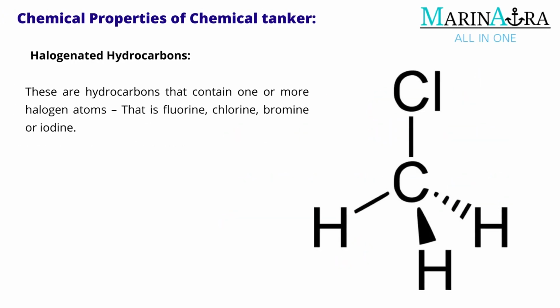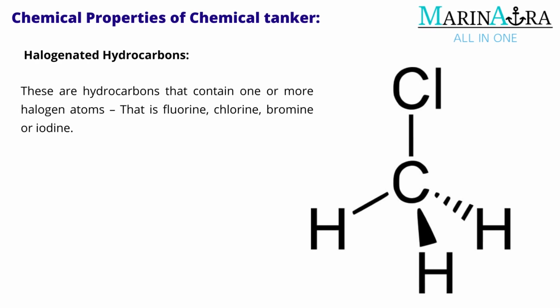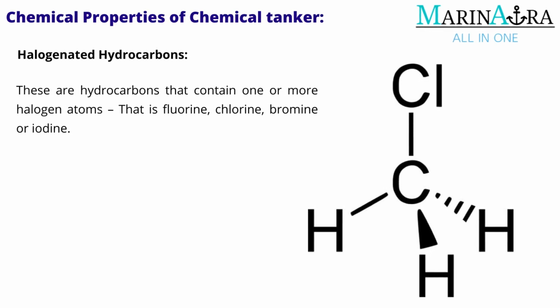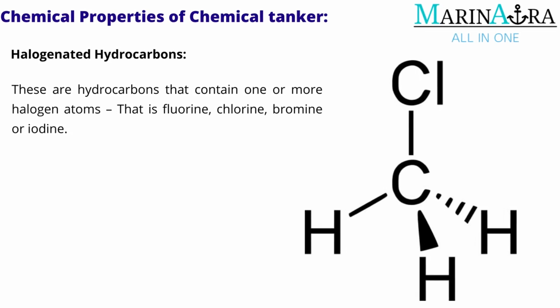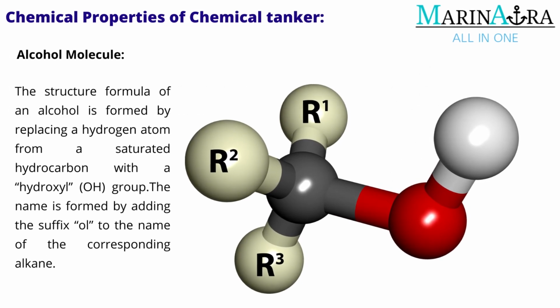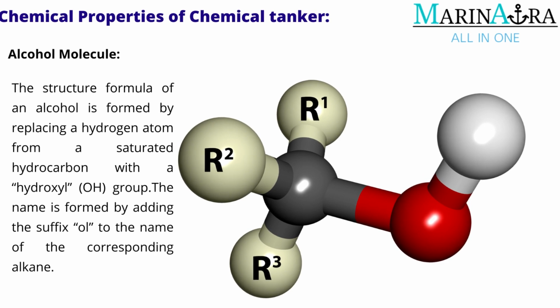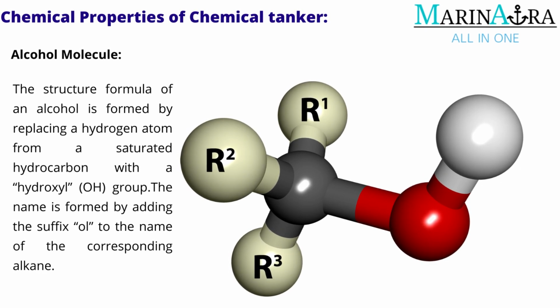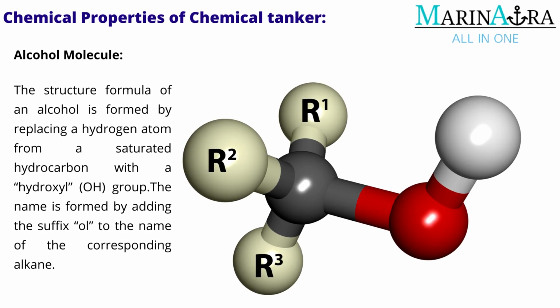Halogenated hydrocarbons. These are hydrocarbons that contain one or more halogen atoms, that is fluorine, chlorine, bromine or iodine. Alcohol molecule. The structural formula of an alcohol is formed by replacing a hydrogen atom from a saturated hydrocarbon with a hydroxyl, OH, group. The name is formed by adding the suffix OL to the name of the corresponding alkane.